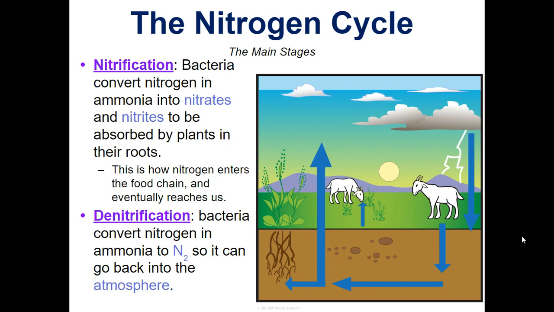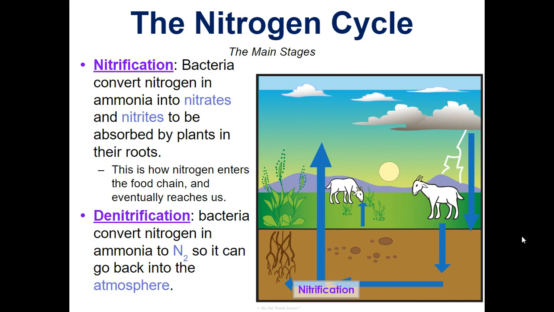But how does nitrogen then get back up to the atmosphere? Because remember, this is a cycle. Another form of bacteria, known as denitrifying bacteria, take the nitrates and nitrites found in the soil and turn them back into the elemental N2 nitrogen so that it can return to the atmosphere.